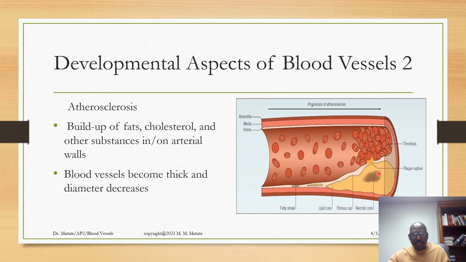Atherosclerosis is when plaque materials are deposited around the vessel wall, so it ends up making the diameter of the vessel smaller, and white blood cells can become so packed around that area that it actually impedes the flow of blood.